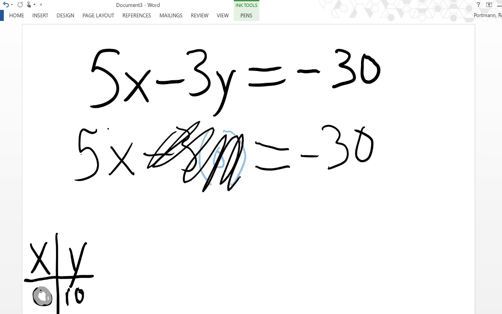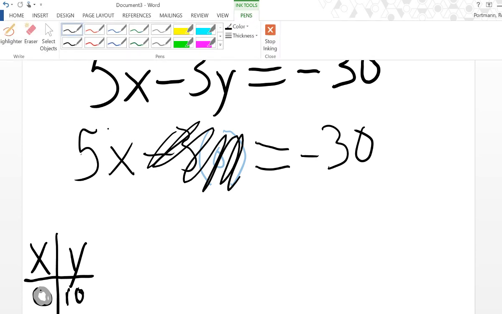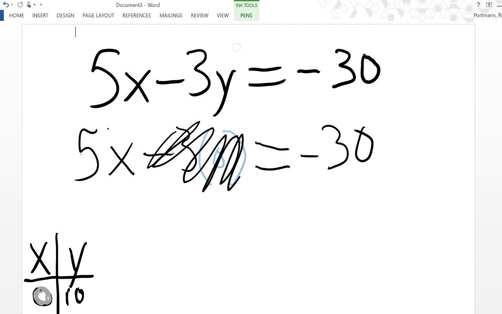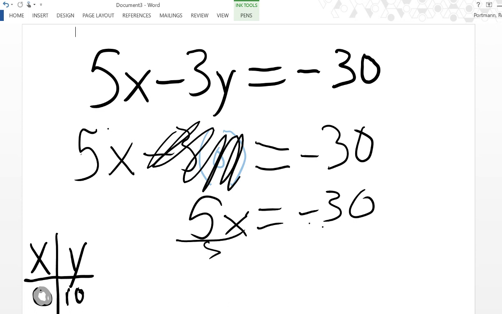I'm going to try to do this quickly. So the negative 3y went away because we put a 0 in for y, and what we have left is 5x equals negative 30. All right? So 5 times what gives you negative 30? You divide both sides by 5, and you get x equals negative 6. So you're going to put negative 6 in for x.